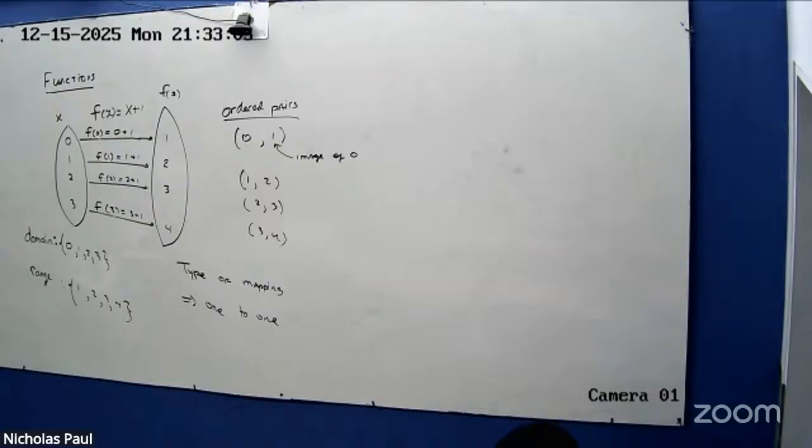Ready again? So I'm going to give you a function again, and we do the same things: find the domain, the range, type of mapping, the ordered pairs.